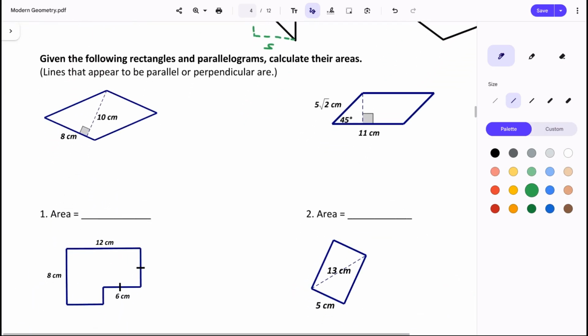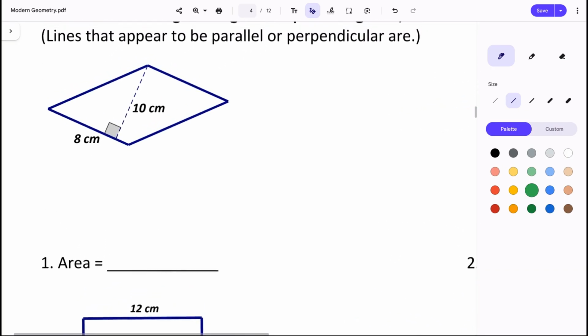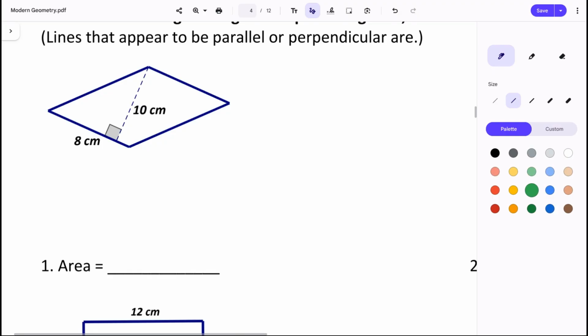All right, what we're going to do now is do some problems here. We're going to find the area of these rectangles and parallelograms. You should hopefully start to be able to look at a shape and know what you're working with. So when you look at this first one, is this a rectangle or is this a parallelogram? It's a parallelogram. You should be able to tell that because it's a little bit slanted. It's not square at the corners, so it can't be a rectangle.